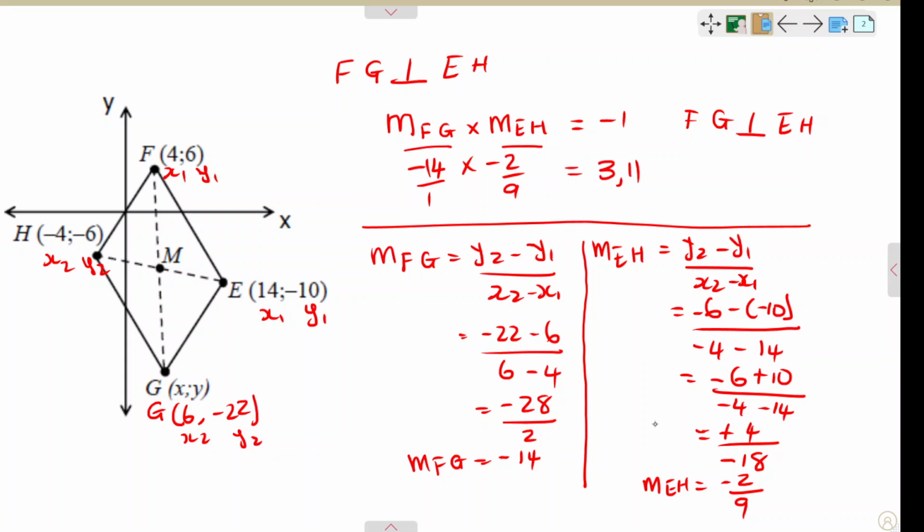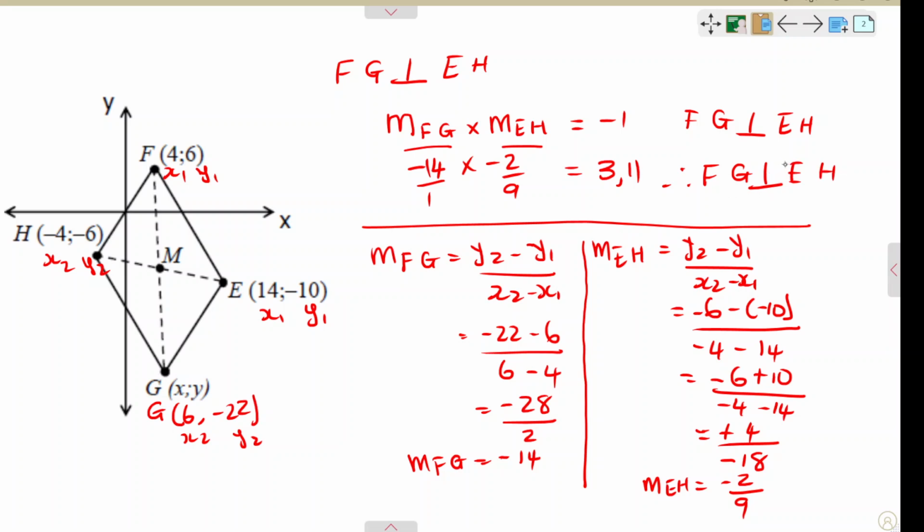For proof's sake, you can see that when you multiply both gradients, we don't get negative 1. So we can say here, therefore, line FG is not perpendicular to the line EH. Not perpendicular. I'm going to write the word not now. Not perpendicular.